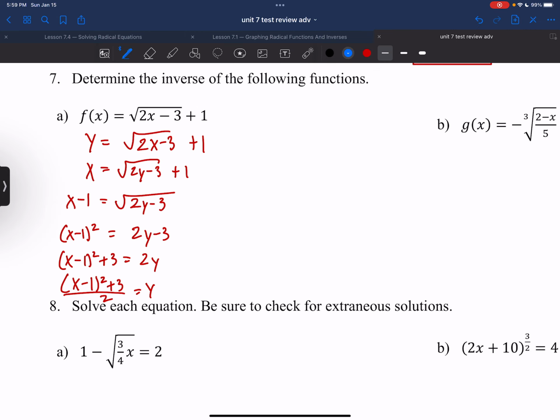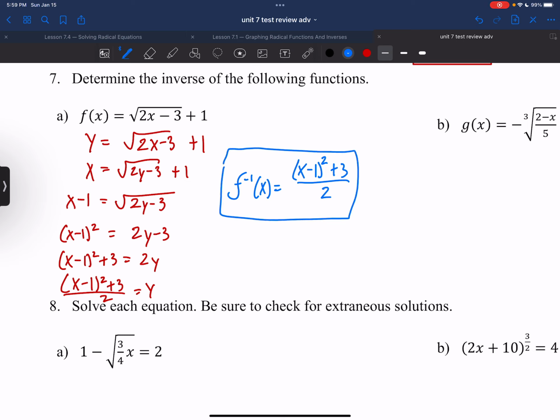So I finalize my answer as f inverse of x equals, I'll just keep it in one numerator, one denominator, x minus 1 squared plus 3 over 2. Or you could write it as, hold on, let me box it. Nice little box.